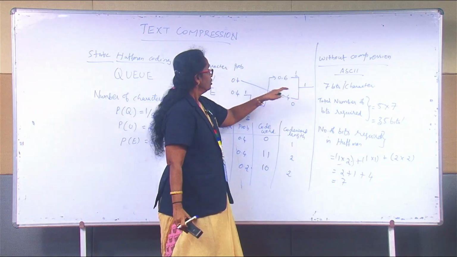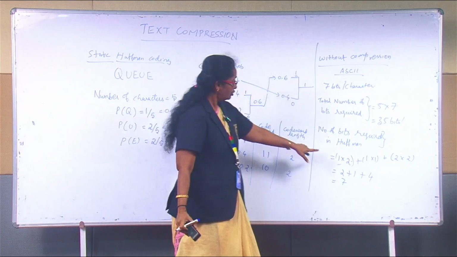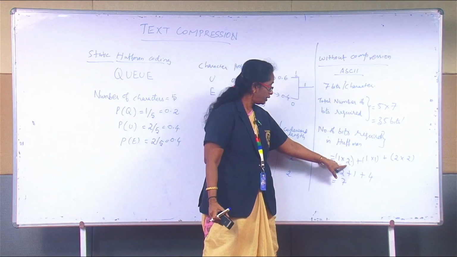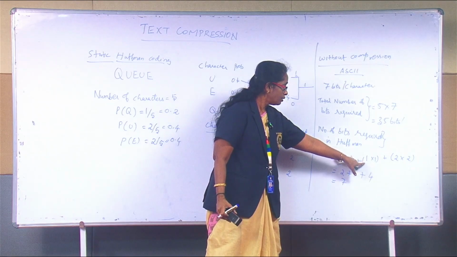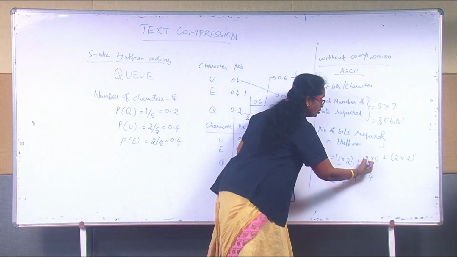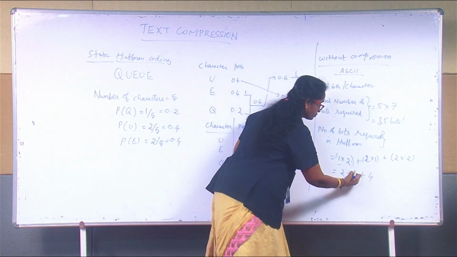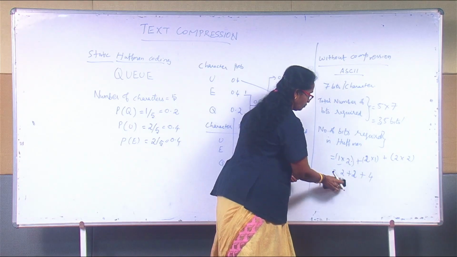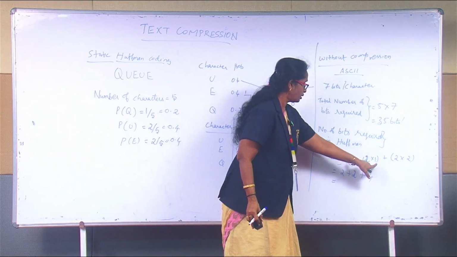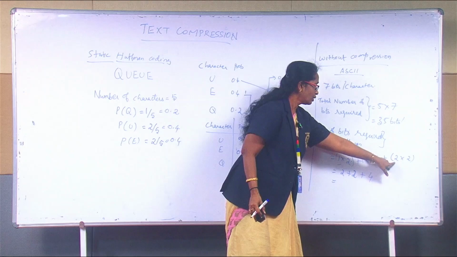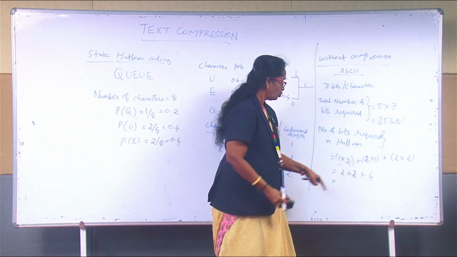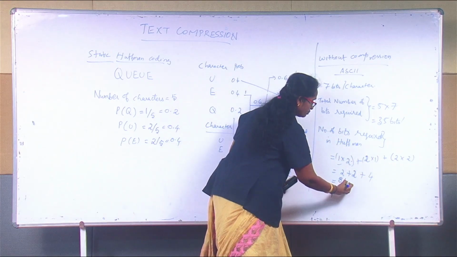Okay, for Q, it has occurred only one time and it required 2 bits. And U is also occurring 2 times, and how many bits are there? 1 bit, and it is occurring 2 times, so 2 bits. Therefore, totally 8 bits are required.